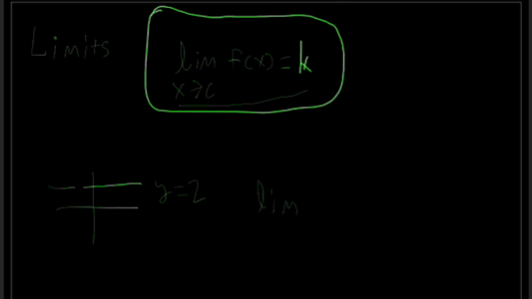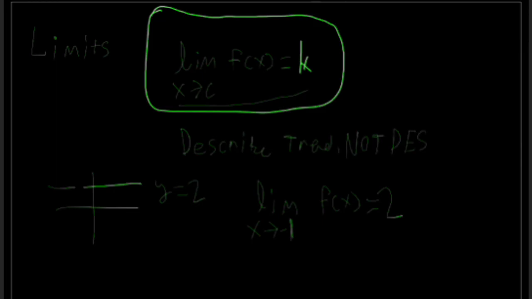Well, as x approaches negative 1, what does f of x seem to be doing? Obviously it's undefined here because there's kind of a gap, but in calculus, you actually have to look at what it's approaching. So, since it still seems to be approaching 2, that will be our answer. The whole idea is that a limit describes the trend and not the destination.